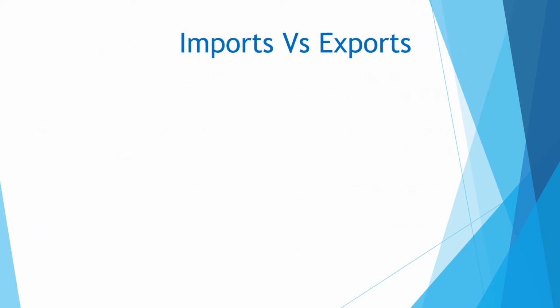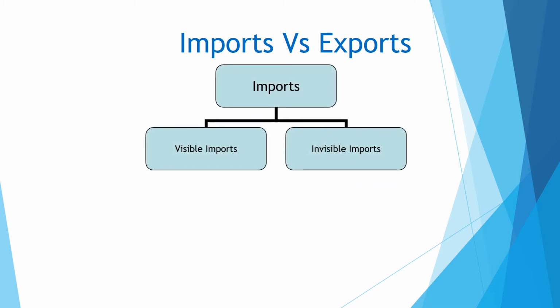International trade is divided into imports and exports. Imports, which will be discussed first, is divided into visible imports and invisible imports. Let's use context clues.